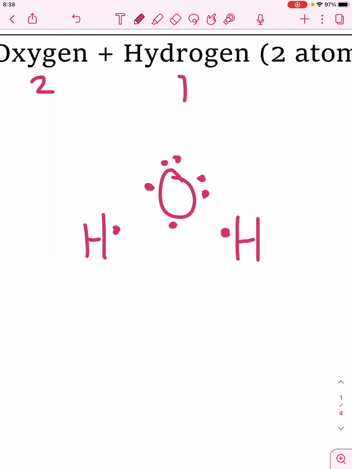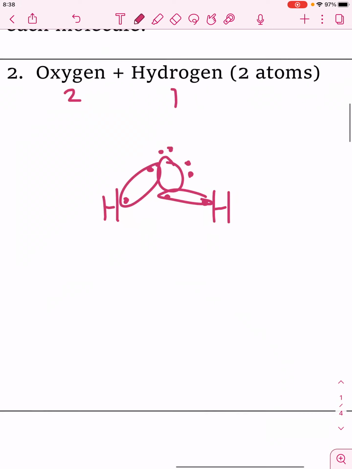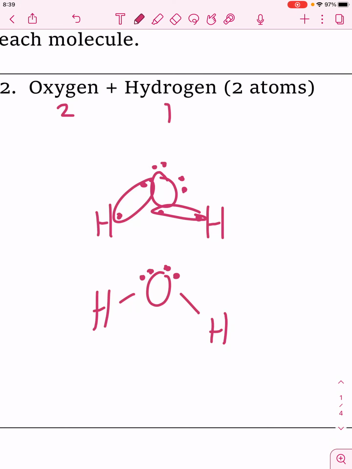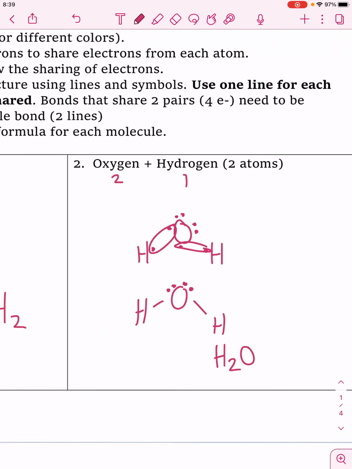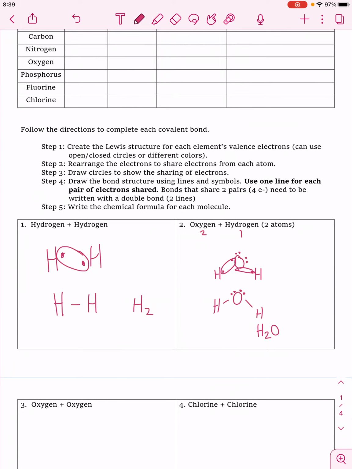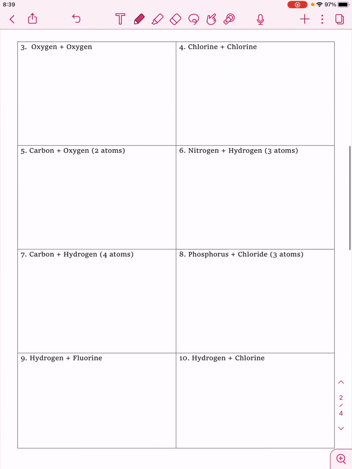So the ones that I'm going to circle are here and here. So I'm just going to end up replacing those. And then my oxygen will have the unpaired electrons out there like that. Okay? And the final thing is writing down your chemical formula. So H2O. And then you'll continue to do that for the rest of these.